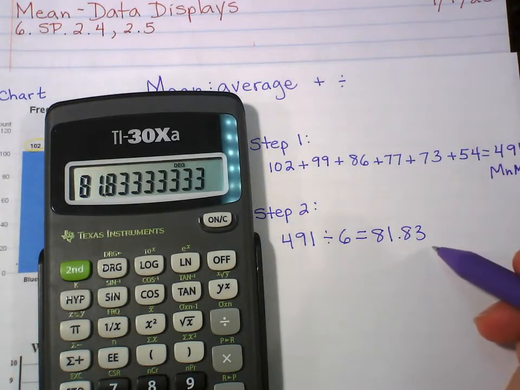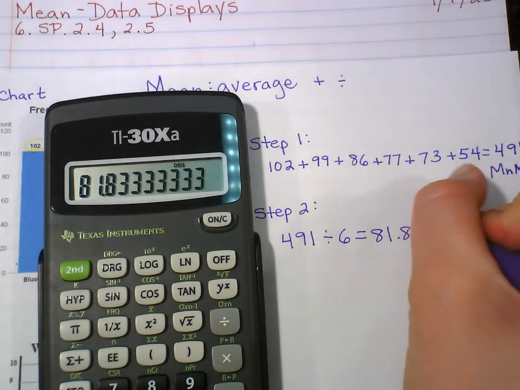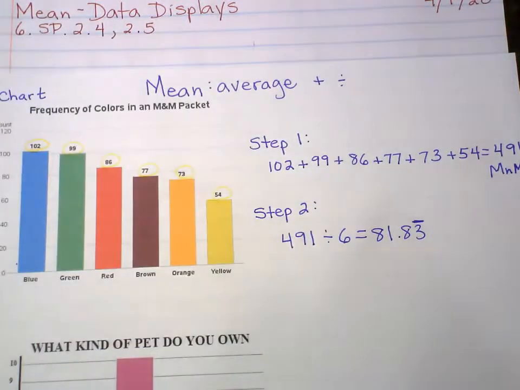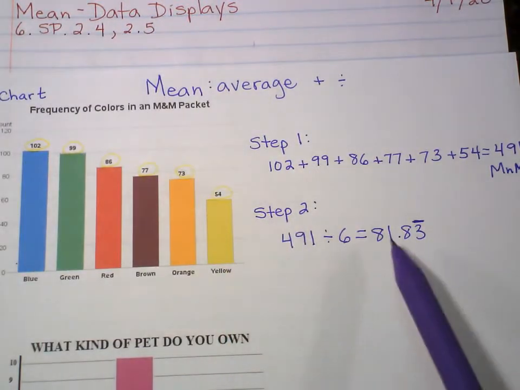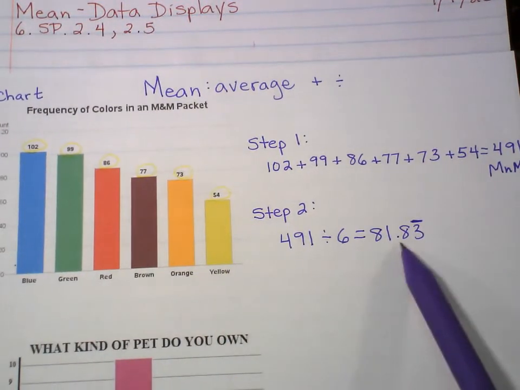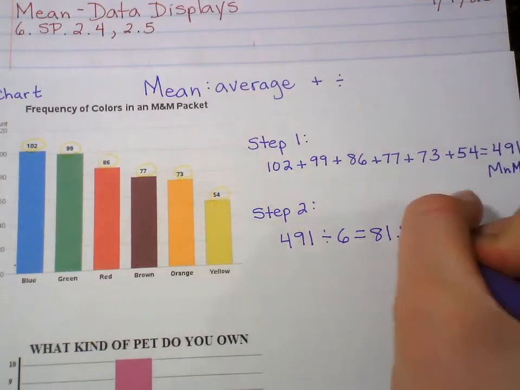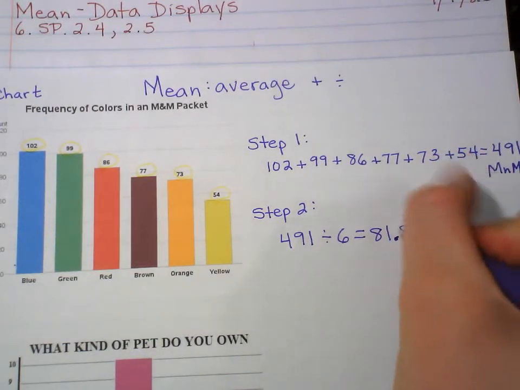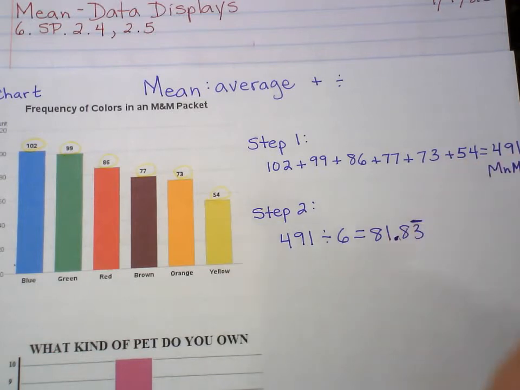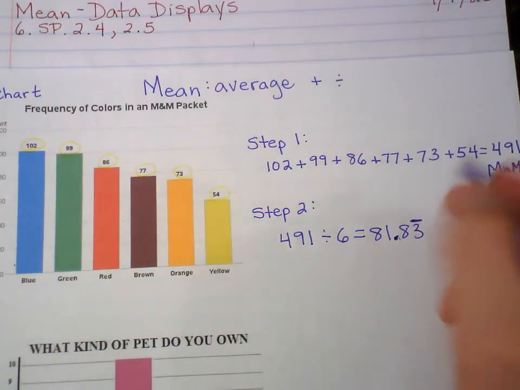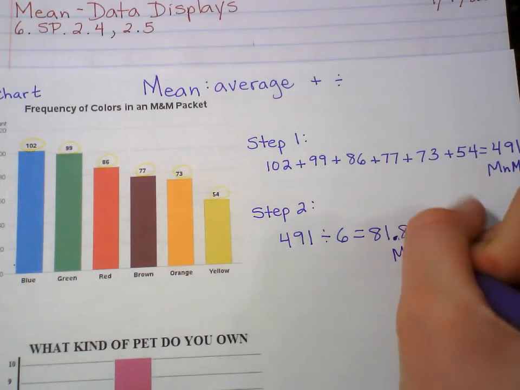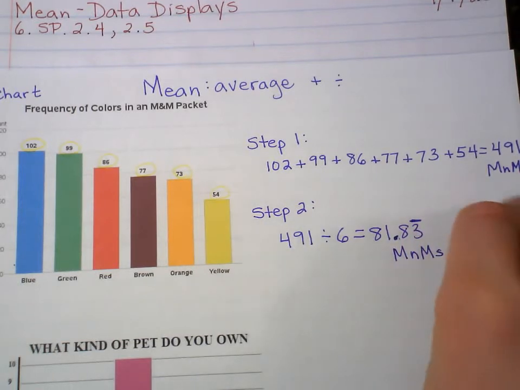Am I going to write that 3 forever? No. You just put the bar over it. So on average, the mean, we have 81.83. So 81, almost 82, because 83 behind the decimals is close to 100, so we're almost at 82. We have about 81 or 82 M&Ms of each color.